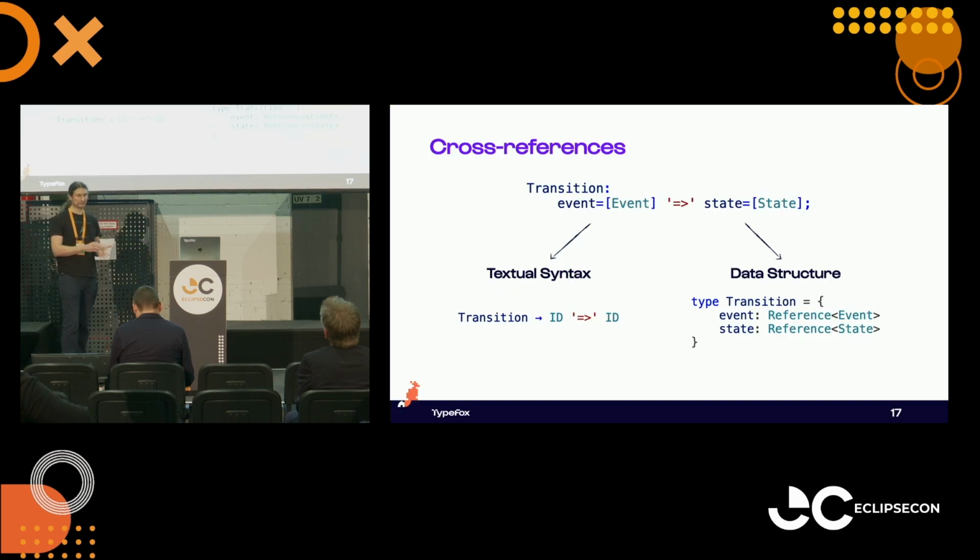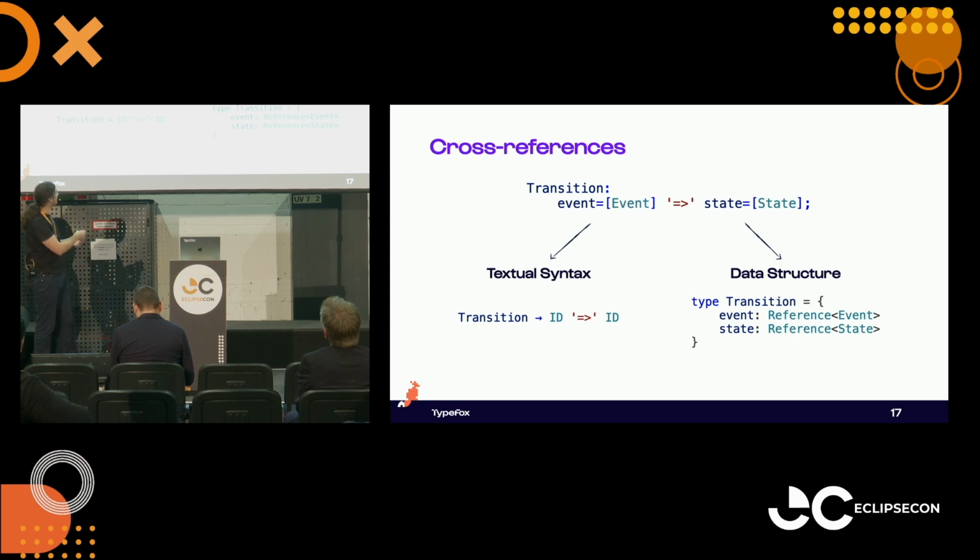So first, cross-references. Here's an example from the same context of state machines, which is quite easy to explain. That's why I often take that as a running example. And so we have a transition definition that defines when this event happens, then go to this target state. So on the grammar level, we have two cross-references defined by these square brackets.